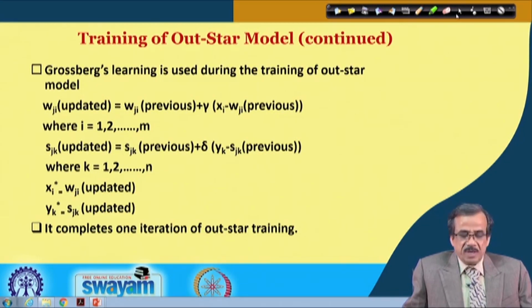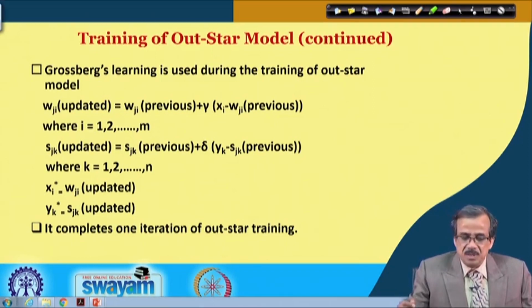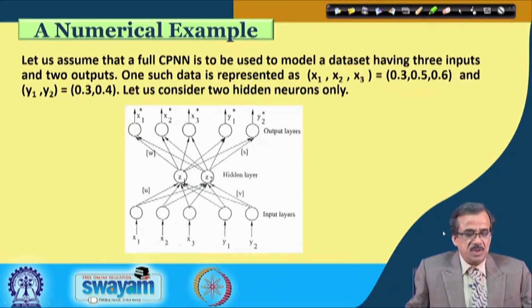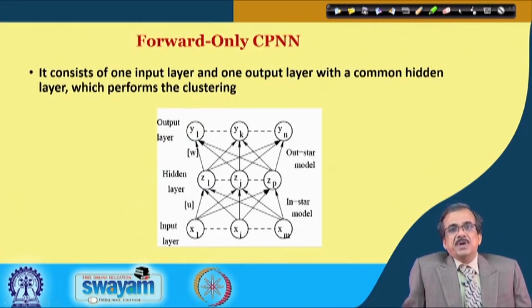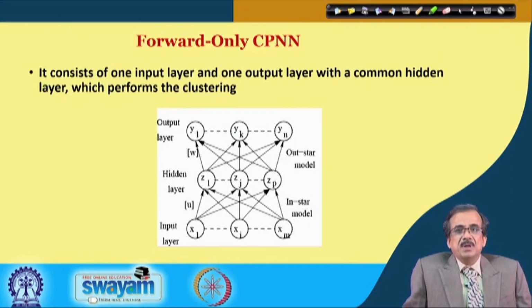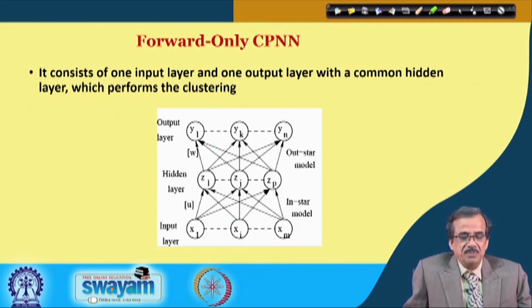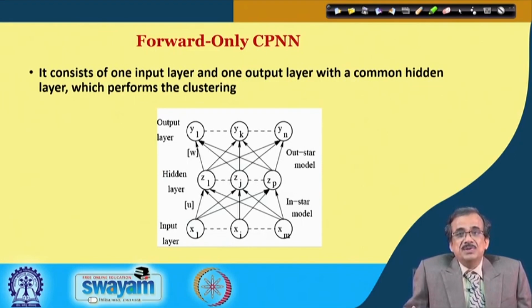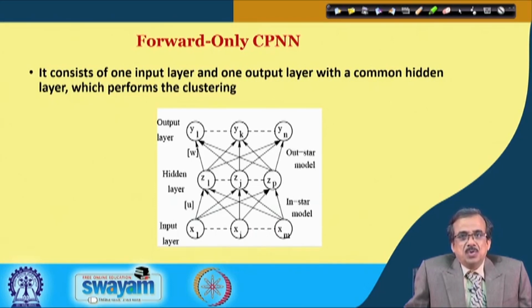To implement this, we are going to solve one numerical example, but before that, let me concentrate on another possibility of this CPNN, that is the forward only CPNN. Till now we have discussed the full CPNN, where there are 2 input layers, 2 output layers and 1 hidden layer.